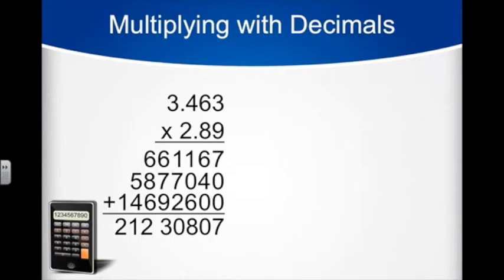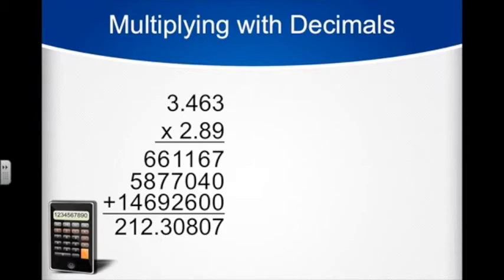What we need to do now is to count up how many decimal places were in the two numbers we multiplied combined. We see there are 3 decimal places in the first number and 2 decimal places in the second number. 3 plus 2 is 5, so we need to have 5 decimal places in our final answer. 1, 2, 3, 4, 5.